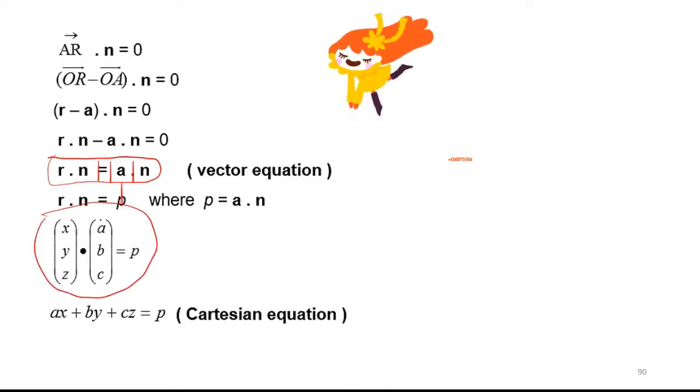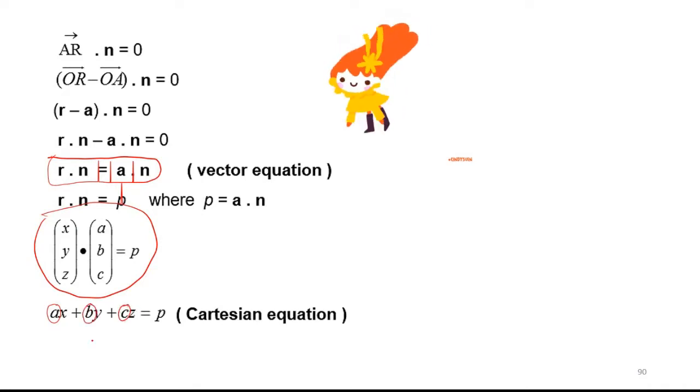R is x, y, z, and n is the normal vector of that plane, A, B, C lah. And then A dot n, you got one value here, then we can call it as P, a constant here. And for the Cartesian equation, we got ax plus by plus cz equal to P. So you can notice that the coefficient of x, coefficient of y, and the coefficient of z is basically the normal of that plane.